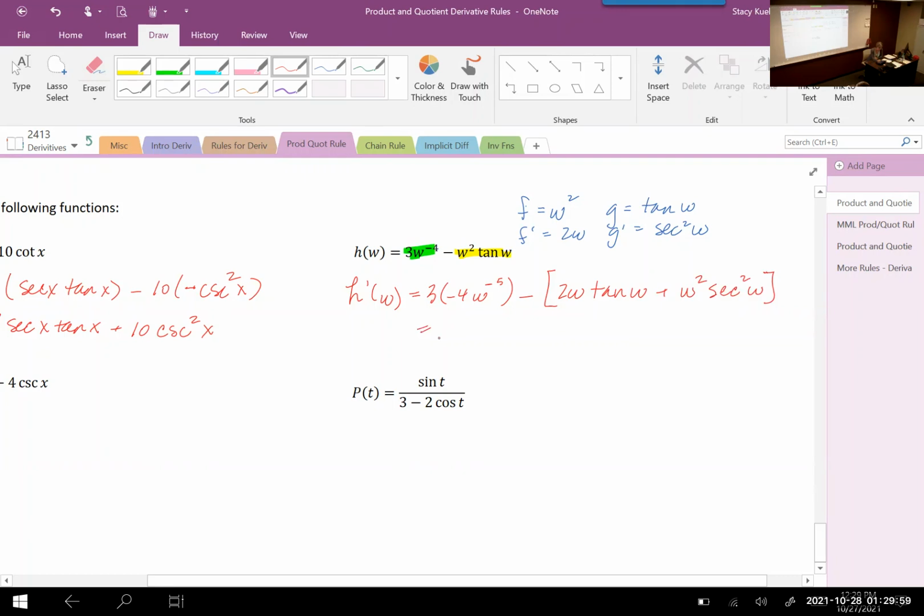So we would end up with negative 12 w to the negative 5th minus 2w tan w minus w squared secant squared w.